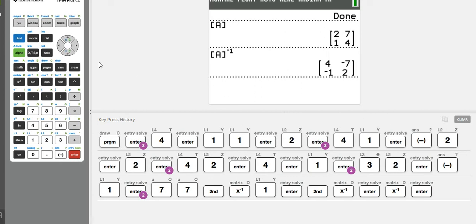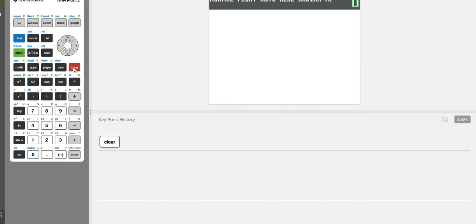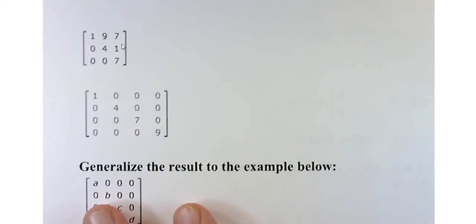So let me clear out all this stuff. And then this. Let's take a look back here. Let's take the time to enter two matrices, this one and then this one. So this one is what I would call an upper triangular matrix.